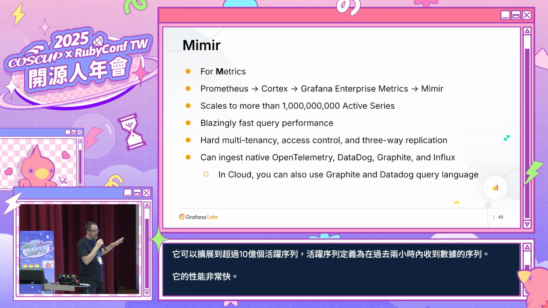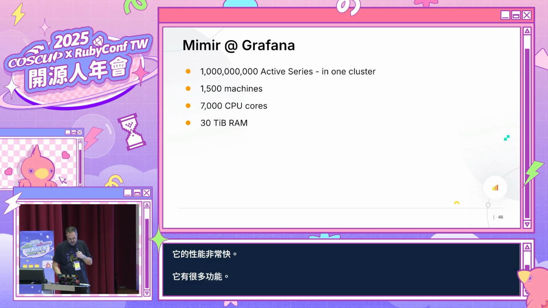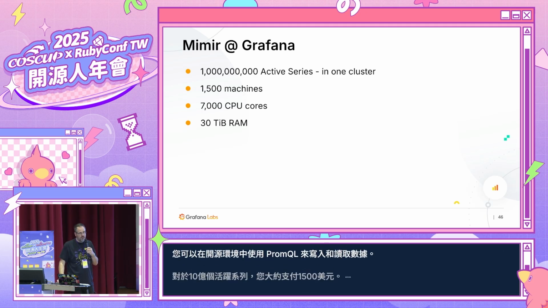It supports other formats like OpenTelemetry, Datadog, Graphite, Influx. In the commercial version, you can also use Graphite and Datadog languages to query it, but not in the open source. But you can write other data and you can read with PromQL in open source. Yeah, for 1 billion active series, you roughly pay 1,500 machines, 7,000 CPU cores, 30 terabytes of RAM, which is a lot, but also it's cheaper than most other systems which can handle the scale.